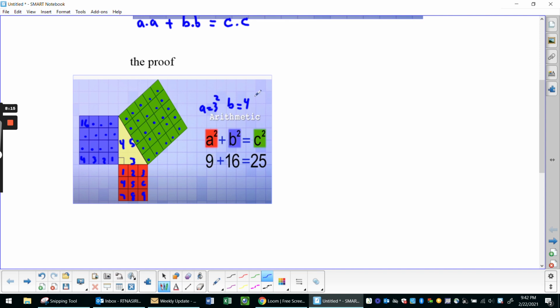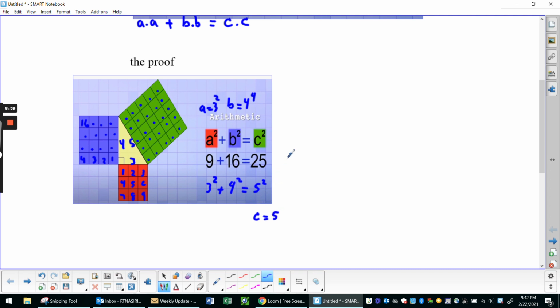And 16 comes from 4 squared. Well, what comes from 25? And that's 5 squared, right? So, in fact, we know that 4 squared and 3 squared. You could write that down. So, our C is 5.